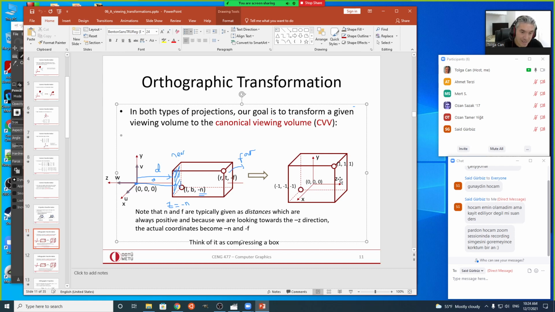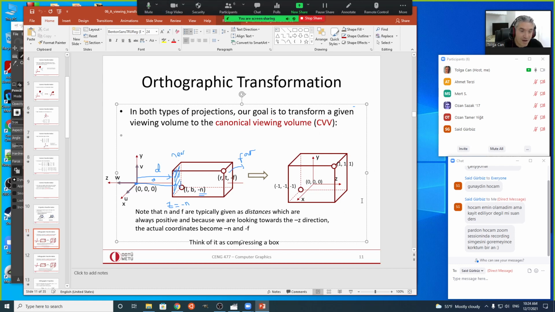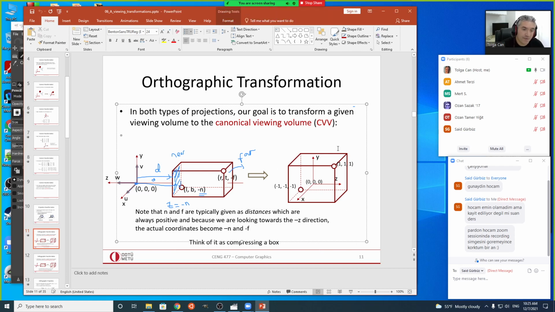By doing this, we can perform something called clipping, or pruning of objects that are outside. For example, after this transformation, if you have objects which are entirely outside this cube, it may be very easy to figure that out by comparing against the standardized -1, 1.